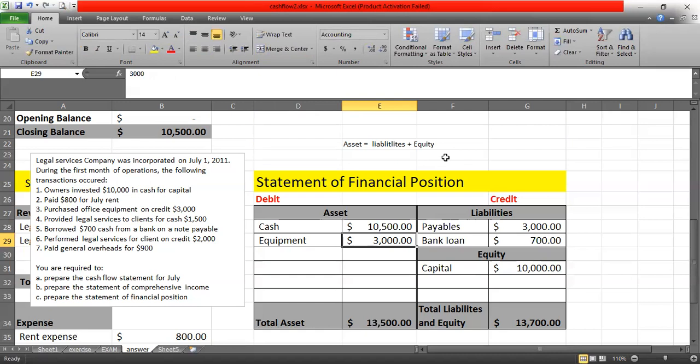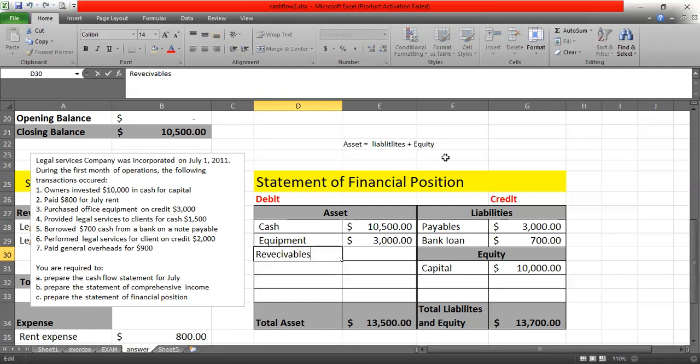So now we have the total asset of $13,500, and the total liabilities equals $13,700. Okay. Oh, sorry. For number six, perform legal services for client on credit. It will increase what we call receivables.